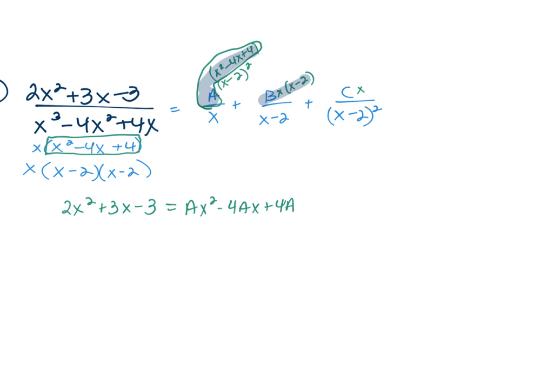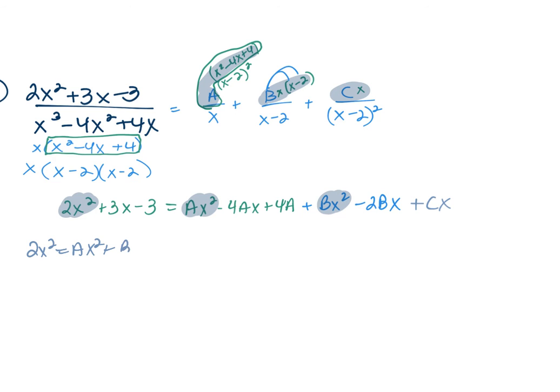Then I do Bx times x minus 2, so plus Bx squared minus 2Bx. And then just Cx. And then we group all the coefficients. So everything that's squared, 2x squared equals Ax squared plus Bx squared.